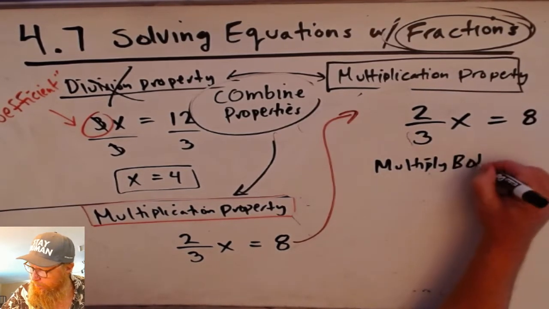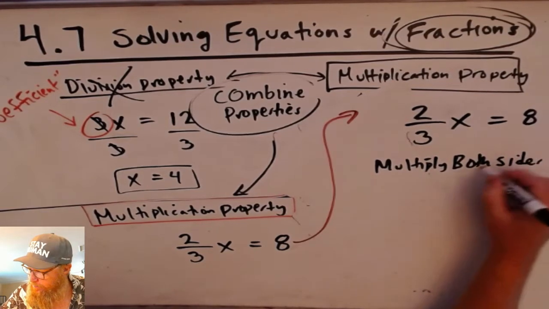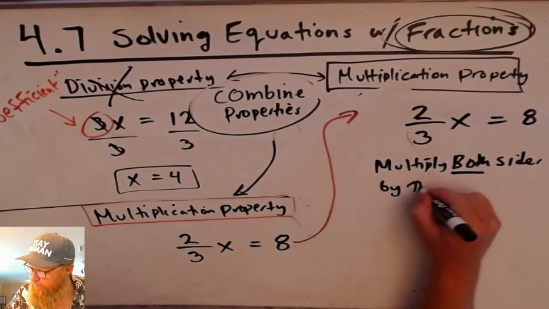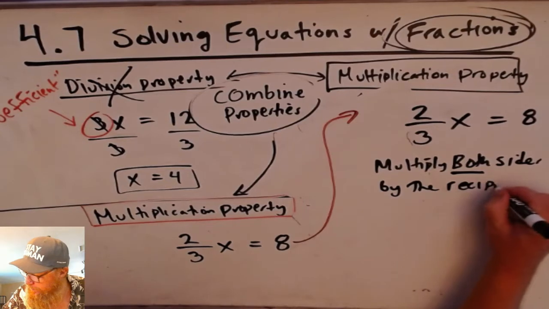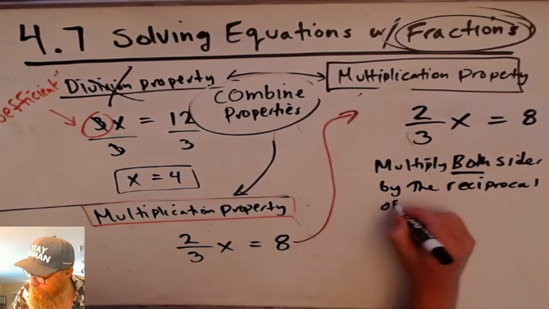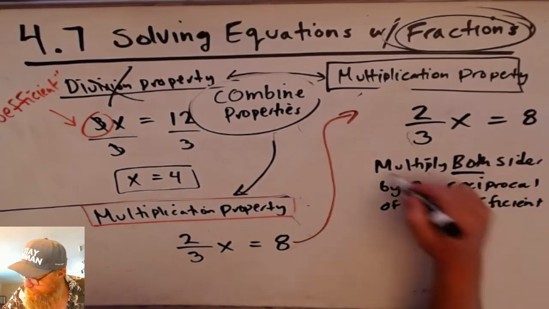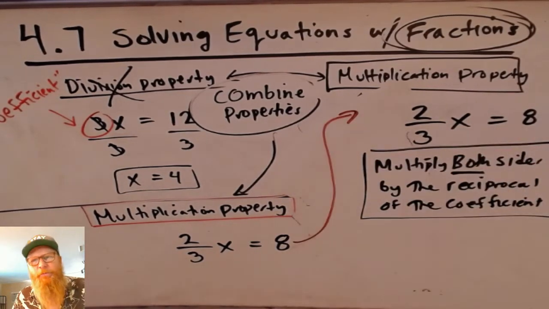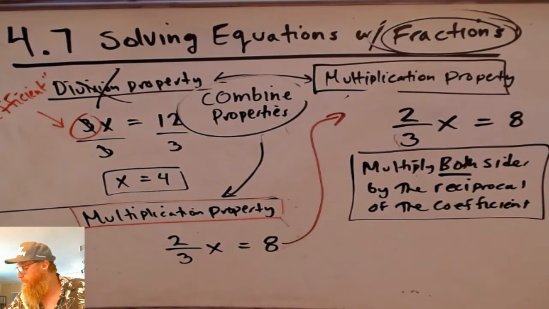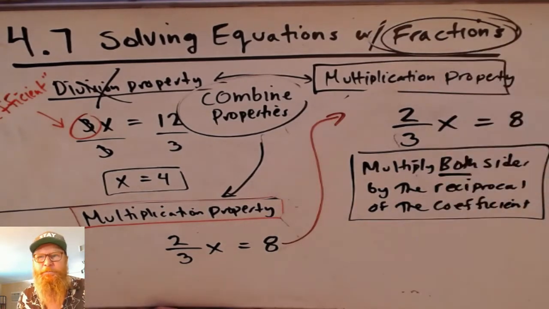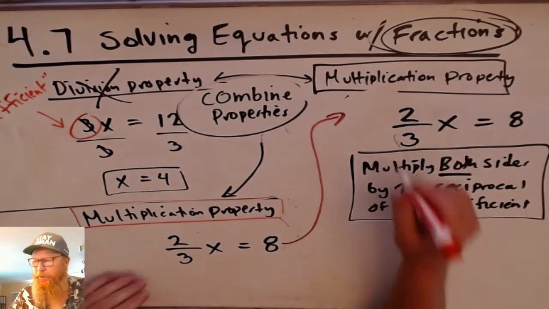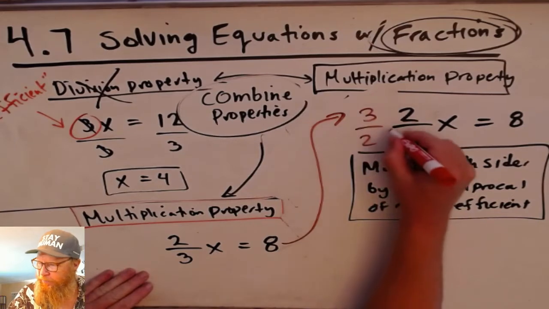Multiply both sides. Make sure you do both sides by the reciprocal of the coefficient. That's what we refer to as the multiplication property with fractions. Reciprocal is a fancy way of saying flip it over.